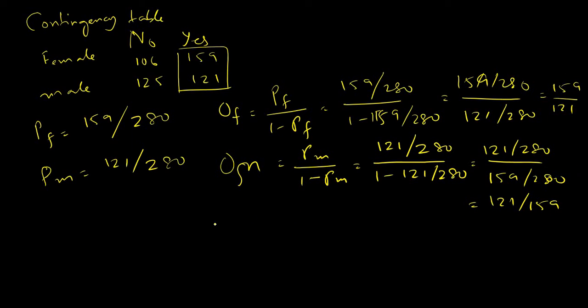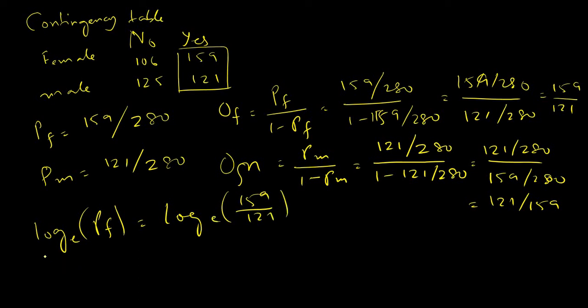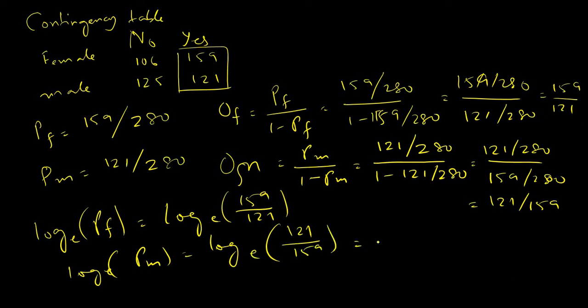So if you take the log of odds for female, it will be the natural log of 159 by 121 to the base e, and the log of odds for male will be the log of 121 by 159 to the base e, and this will be minus log of 159 by 121 to the base e.